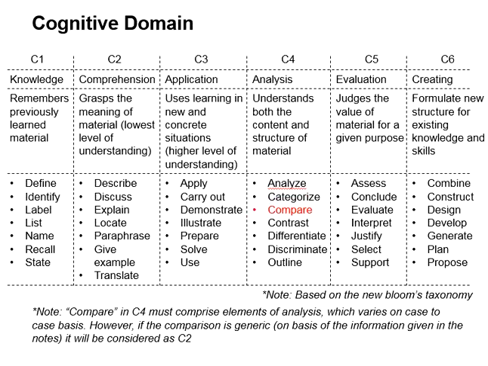Very often, compare, contrast, differentiate, discriminate, and even outline may end up being level 2 if not properly designed. If the comparison is generic, on the basis of the information given in the notes, textbooks or references, you know that it will be considered under C2.